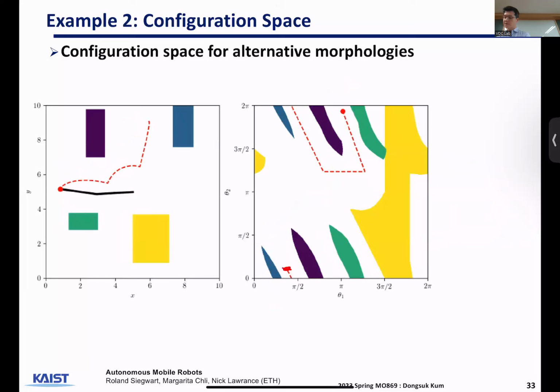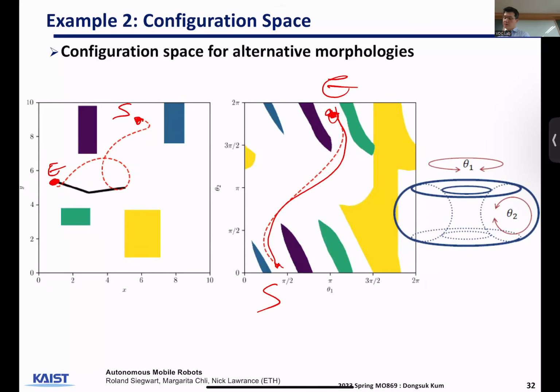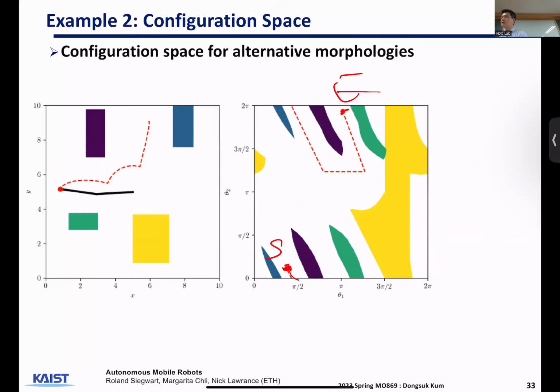So remember, this is configuration space, right? Start, end. Here we took this path, but we could also take another path because this is a continuous world. Theta is a 360-degree space that is continuous.